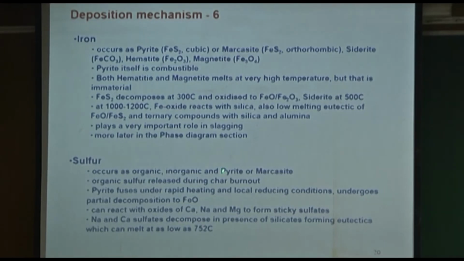It occurs as organic, inorganic, pyritic, or marcasite, as we mentioned before. Organic sulfur is released as sulfur dioxide during char burnout. Pyrite fuses because it breaks down at low temperatures, and then it creates problems. It can react with the sodium, calcium, and magnesium to form sticky sulfates. And sodium and calcium sulfates decompose in the presence of silicates, forming eutectics, which can melt as low as 752 degrees Celsius.